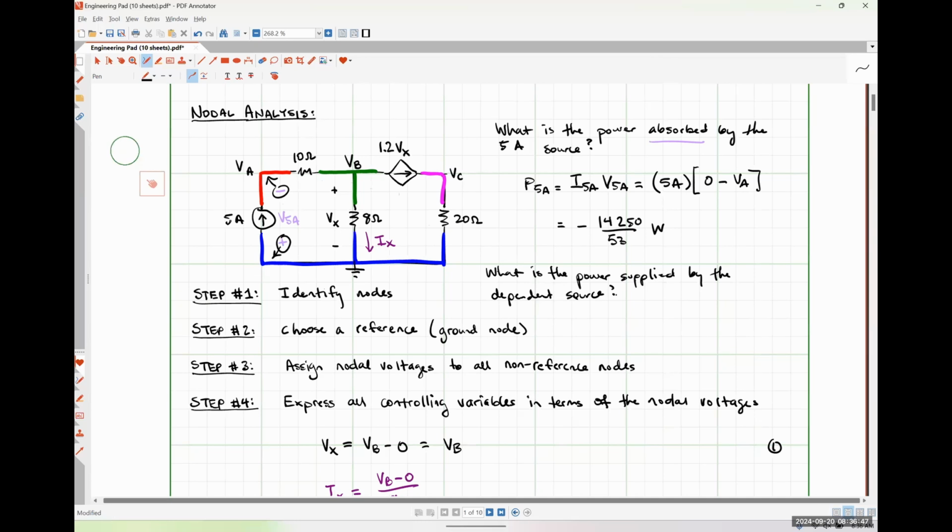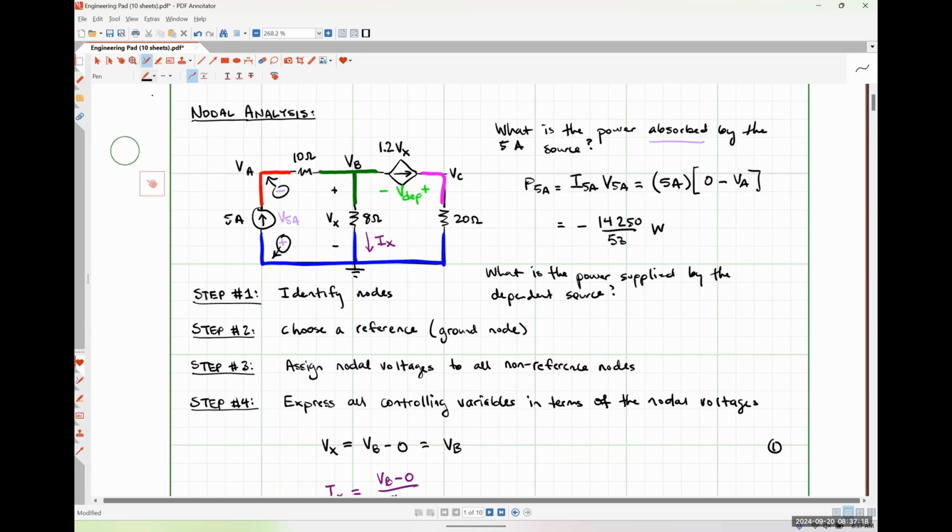So for power supplied, I want current flowing into the positive polarity terminal or the negative polarity terminal? Negative polarity terminal. Okay. So I could call this voltage V dependent, and I put the negative polarity terminal on the left so that the current would be flowing into the negative polarity terminal such that I times V just gives me my supplied power.